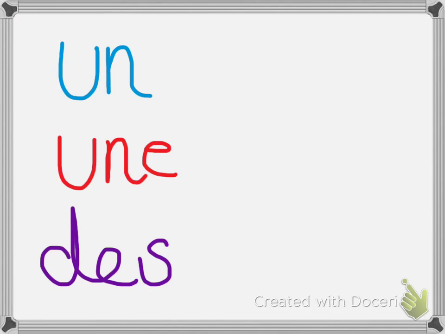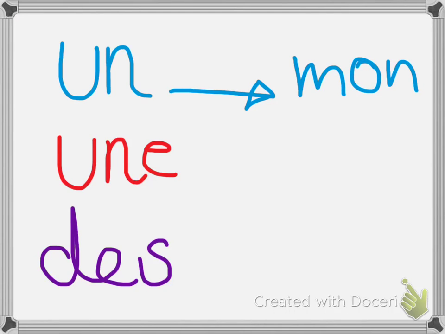Alright, so let's recap this. Whenever a noun is preceded by the male article un, and you want to show ownership of this object or the person, then we replace un with mon. For the female objects or people, we replace une with ma.